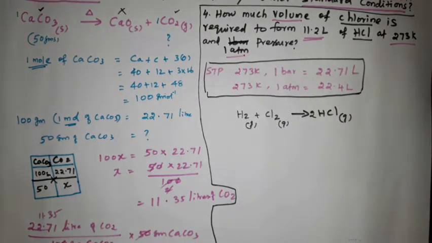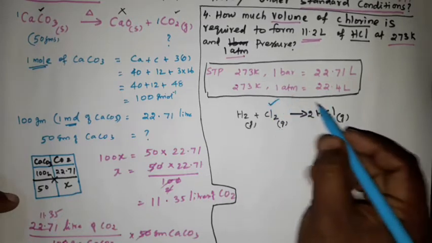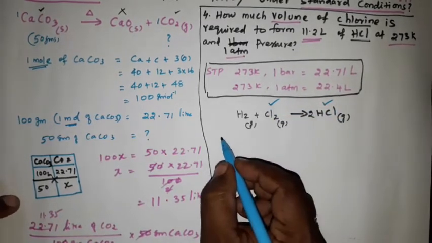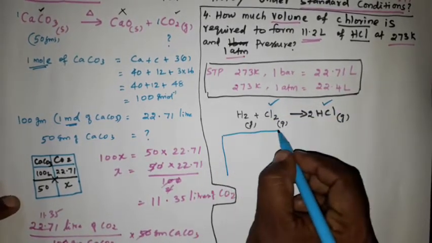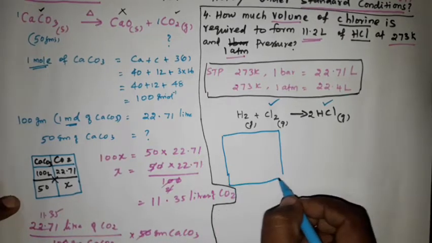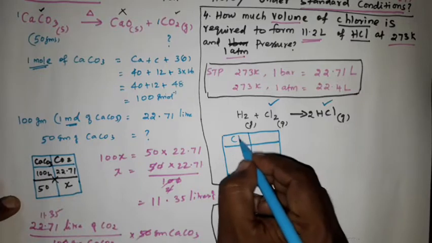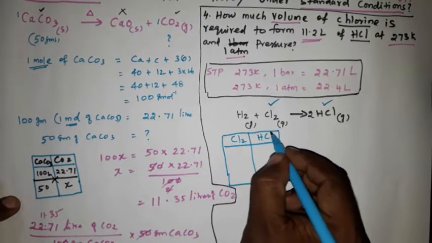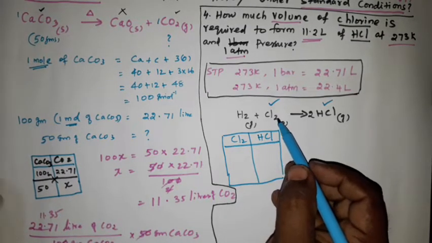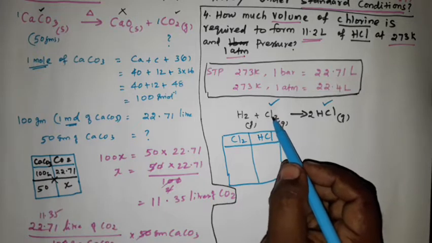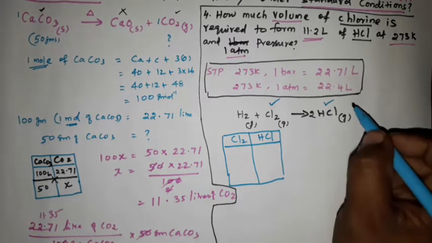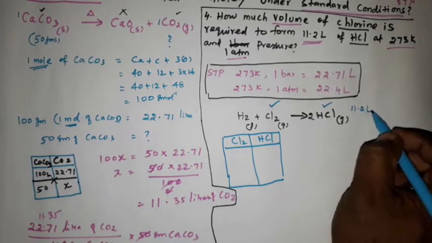So consider this chlorine and HCl. Now make small box. This is a shortcut method. Cl2, then HCl.